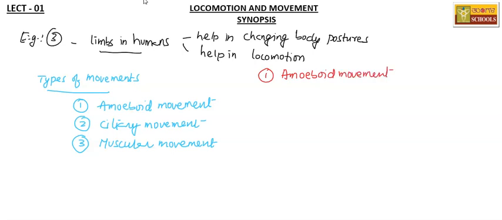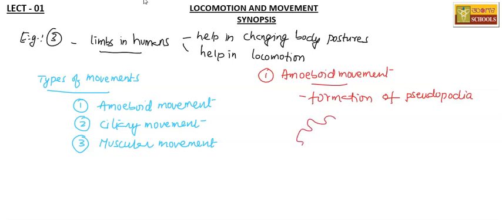Amoeboid movement is mainly by the formation of pseudopodia. These pseudopodia are finger-like projections that will be formed.